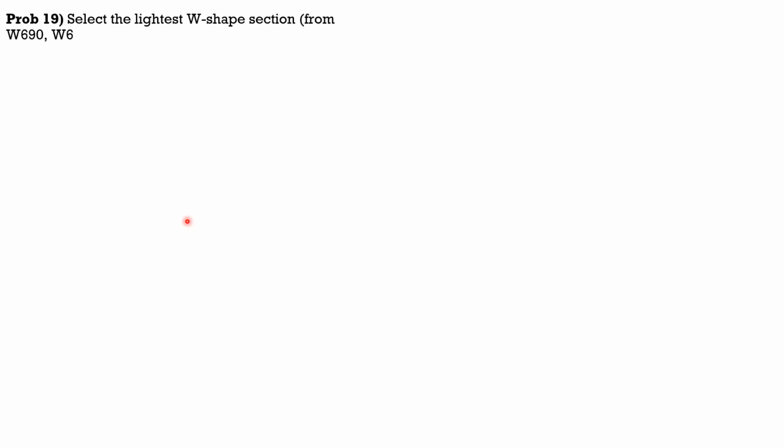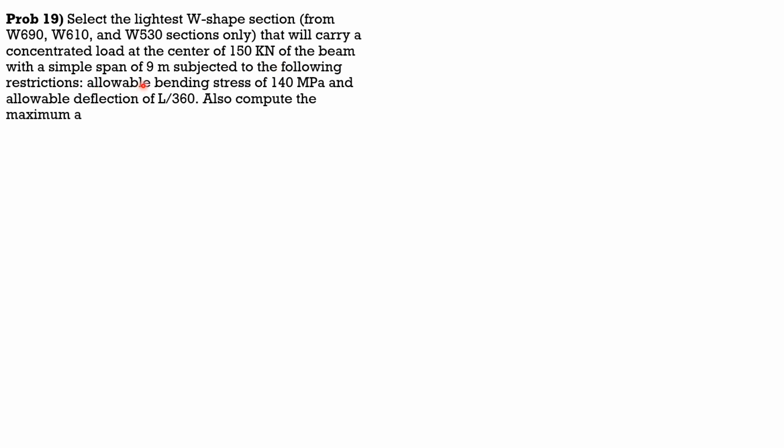Select the lightest W-shape section from W690, W610, and W530 sections only that will carry a concentrated load at the center of 150 kilonewtons on a beam with a simple span of 9 meters, subjected to the following restrictions: allowable bending stress of 140 megapascals and allowable deflection of L over 360.